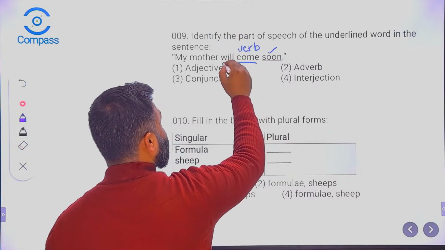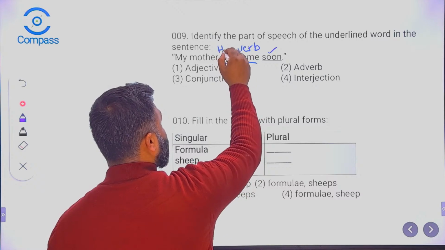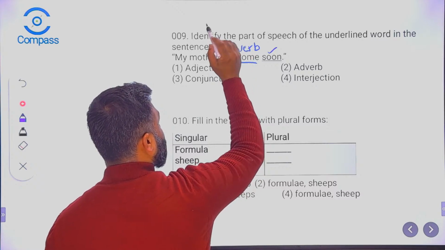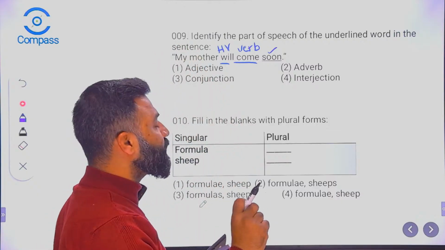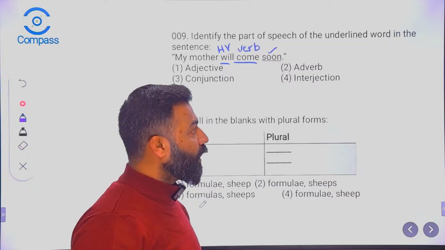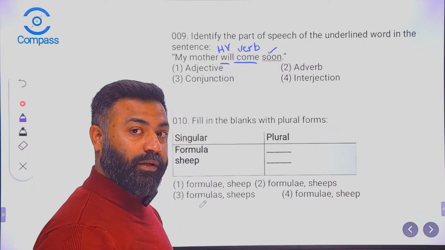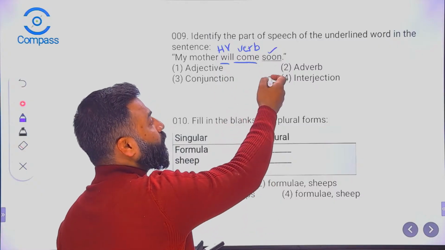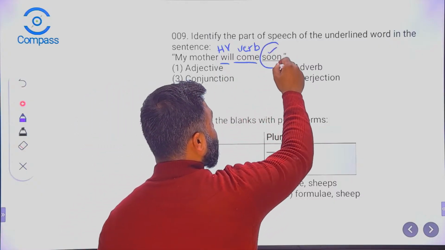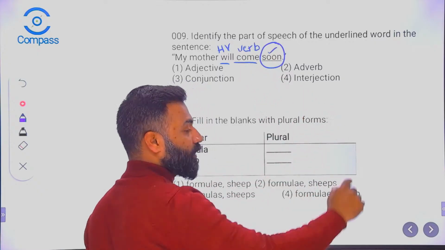All right, and that's a helping verb. Okay, so will is the helping verb. Come is the main verb, and then it's telling about the verb. This word is telling about the verb.